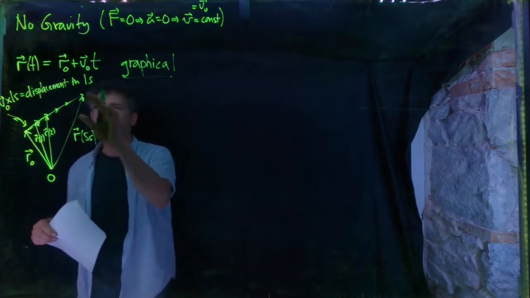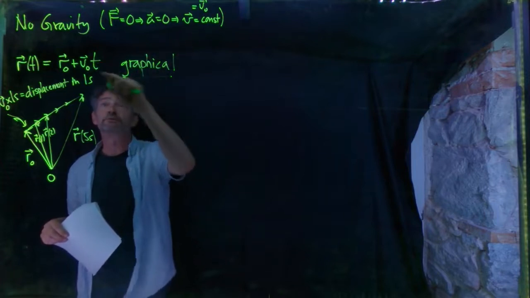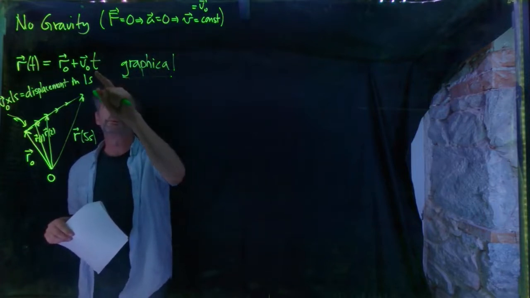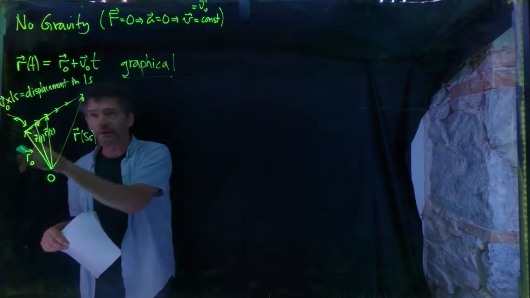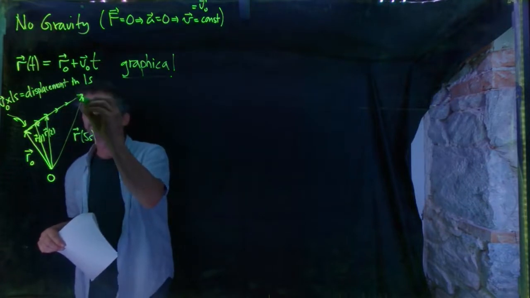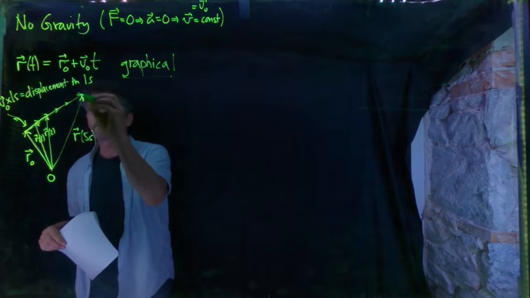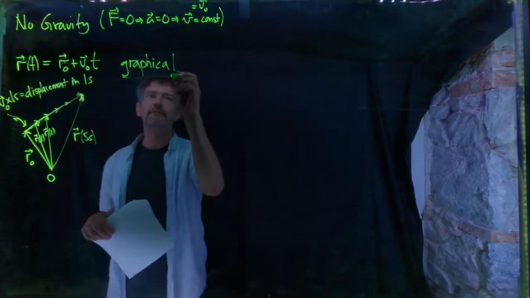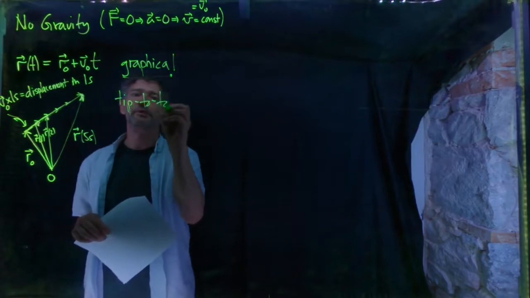So after, say, 5 seconds, the displacement will be the initial velocity, because the velocity is constant, so and so many meters per second, times 5 seconds, will be so and so many meters in the direction of the initial velocity. That's the displacement after 5 seconds. So that corresponds to that vector, and that corresponds to that vector, and we add them tip to tail.